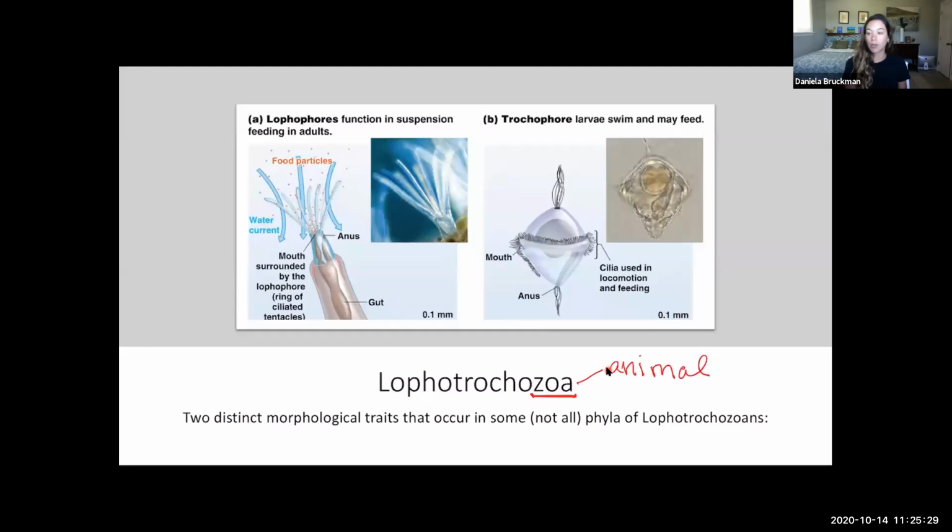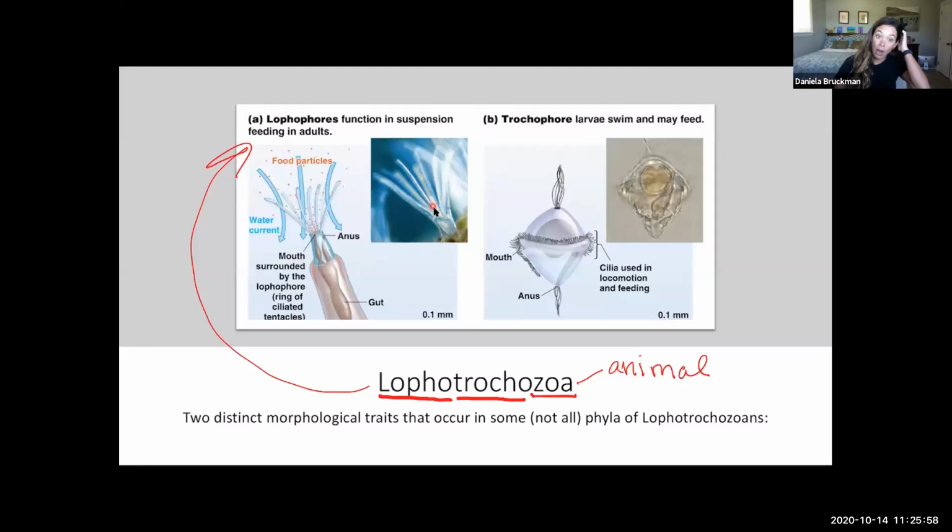And then we've got those other two pieces of this word: lopho and trocho. Lopho refers to something called a lophophore. A lophophore is a feeding structure found in some Lophotrochozoans, used for suspension feeding in the adults. Suspension feeding is basically a strategy for pulling particles out of the water.